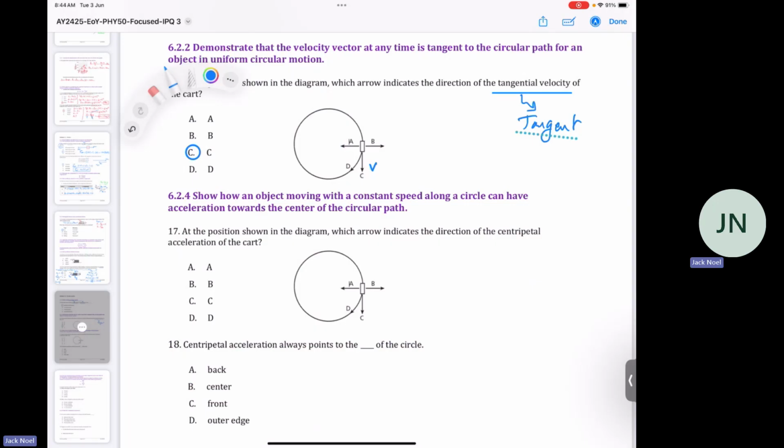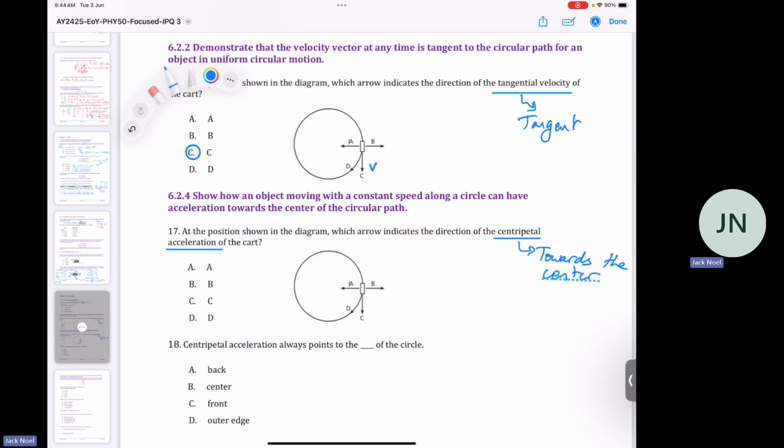Then, at the position shown in the diagram, which arrow indicates the direction of the centripetal acceleration? Centripetal acceleration means towards the center.